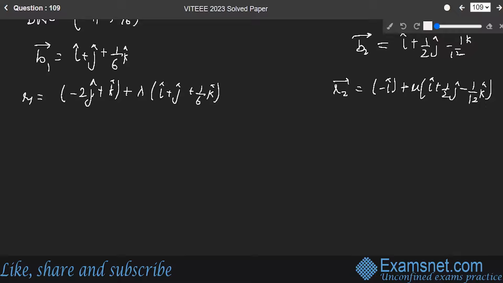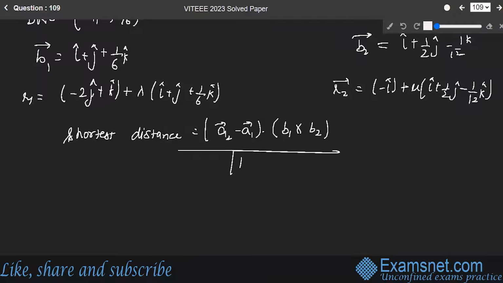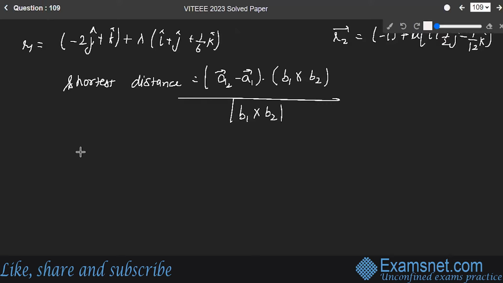All right. So now you have to find out the shortest distance between them. Shortest distance will be given by (A2 minus A1 vector) dot product with (B1 cross B2), whole divided by the magnitude of B1 cross B2. Let's find out each and every term.